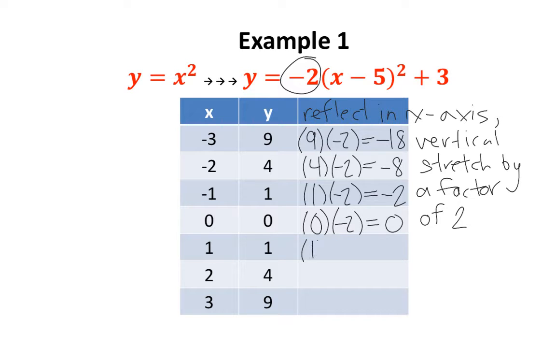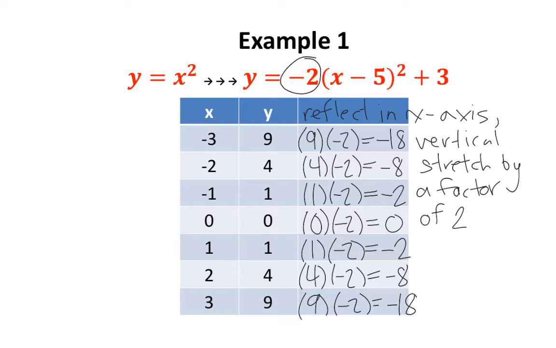I'm going to multiply +1 by -2. That's going to give me -2. I'm going to multiply +4 by -2. That's going to give me -8. And I'm going to multiply +9 by -2. And that is equal to -18. And there we have a whole new set of y values, and you can take the existing x values and plot these points.